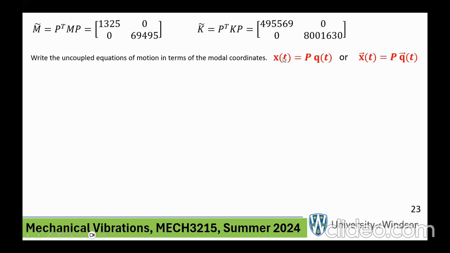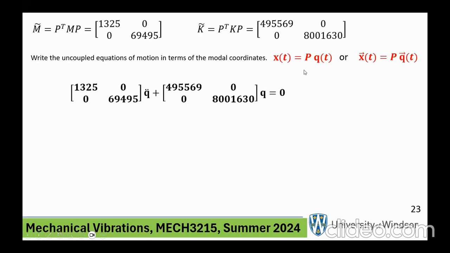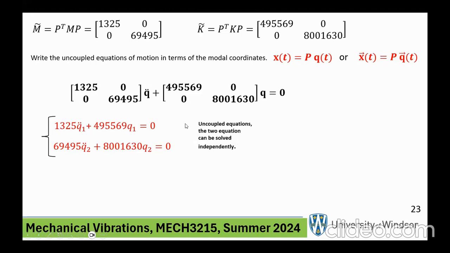Now, if you want to write the uncoupled equation, you have to make this change of variable, right? The usual change of variable. And if you do that, you have two independent decoupled equations, one involving vertical motion, the other one involving counterclockwise rotation. And these are the uncoupled equations.